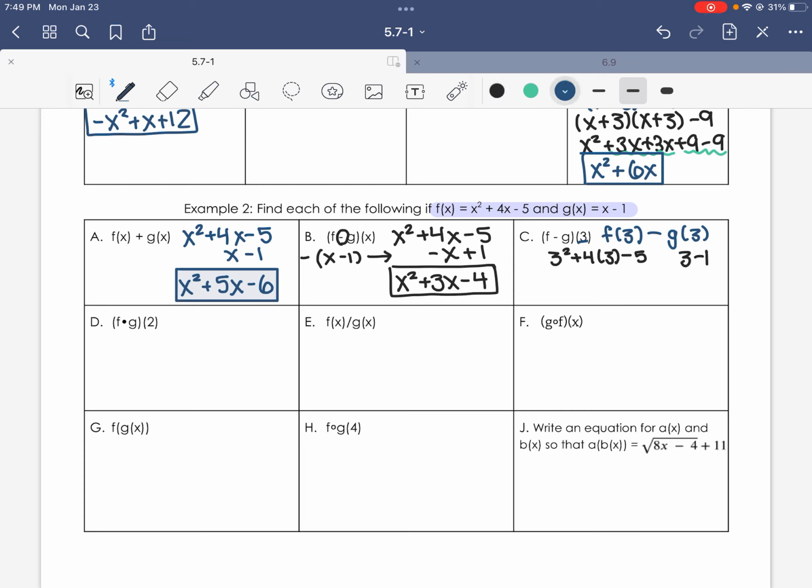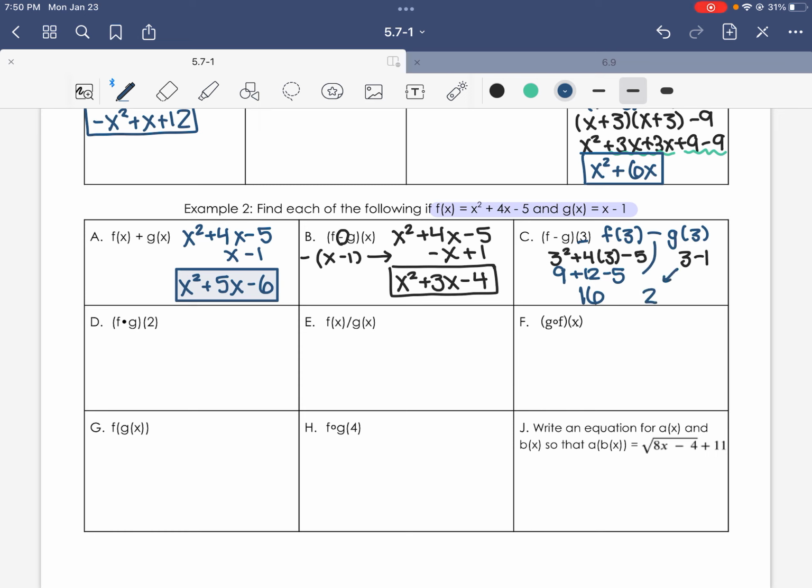I'm going to solve both of these and then subtract them. So 3 squared is 9, 4 times 3 is 12, and then there's a minus 5 at the end. 9 plus 12 is 21, 21 minus 5 is 16. And over here on the other side, 3 minus 1 is 2.